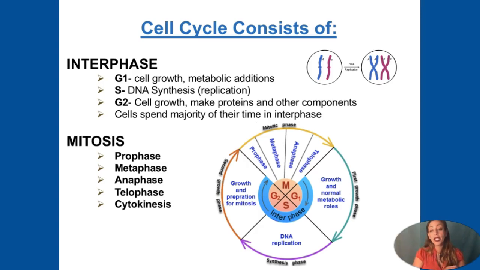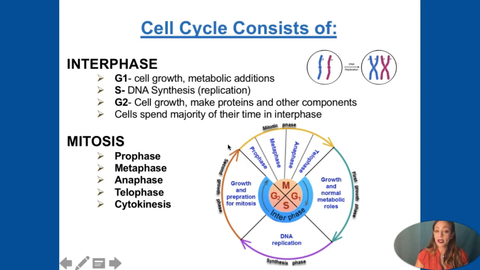So during interphase, like I said, there's G1, the growth phase. There's DNA synthesis, where replication occurs. Basically, it's replicating the DNA. And last but not least, the G2 phase is more and more growth and preparing for division by mitosis. So interphase right here is G1, S, and G2, okay?